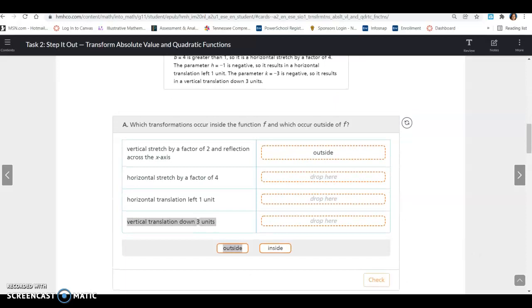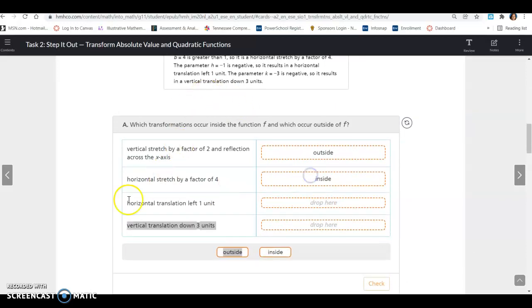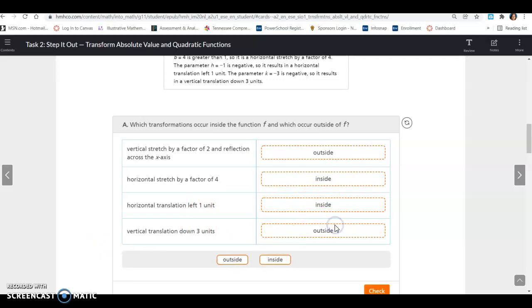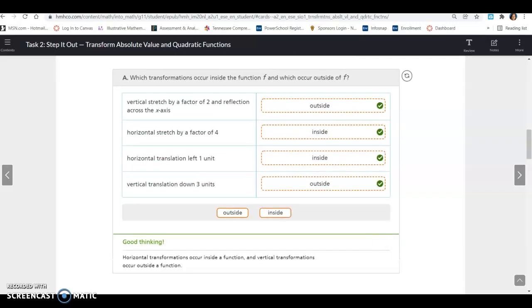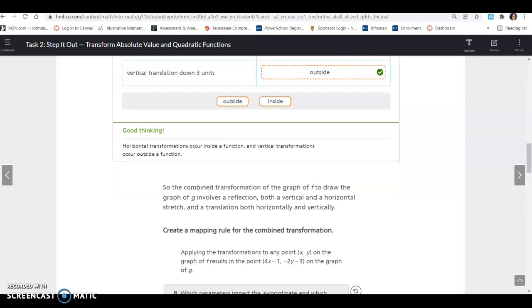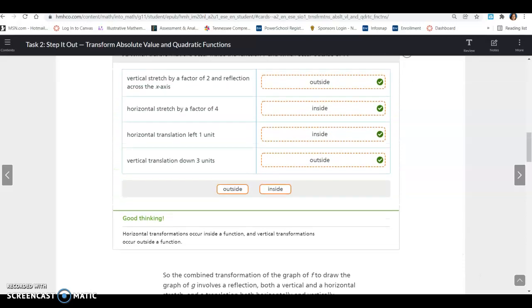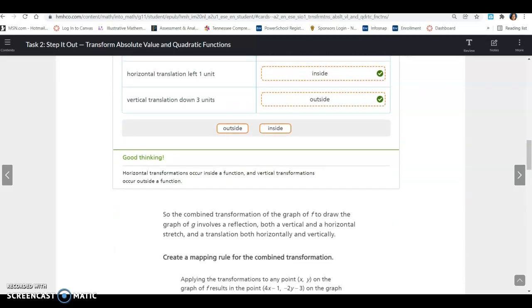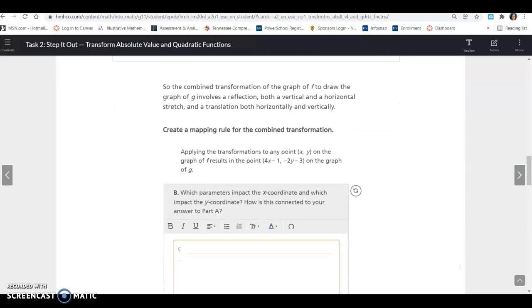So the horizontal stretch, that one is inside. Left 1 unit, that's inside. And then a vertical translation down would be outside. And again, that just tells you whether it's horizontal or vertical. Horizontal, remember, you're changing something about the x, and then the vertical, you're changing the y.